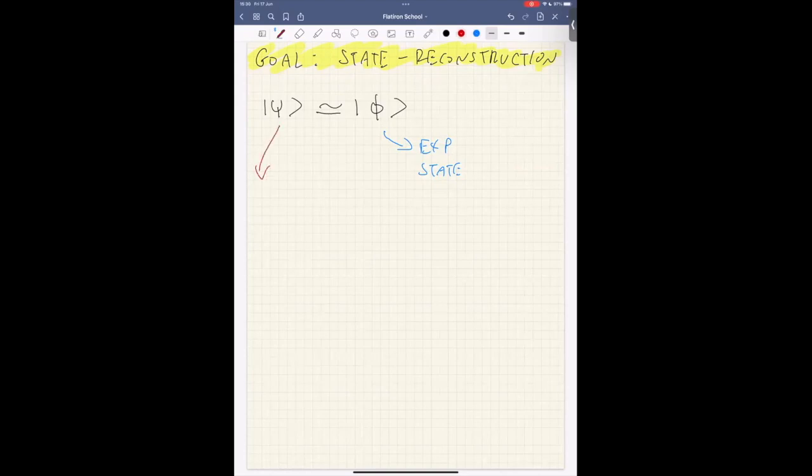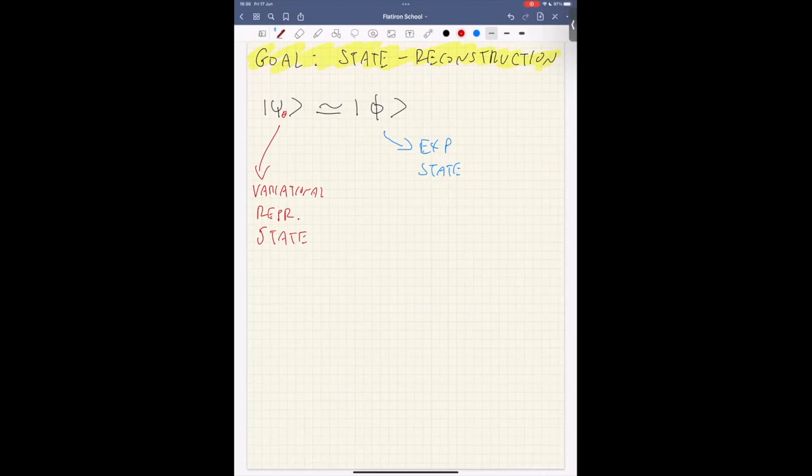And this instead is some variational representation of the state. So I can say now that this psi depends parametrically on some thetas.